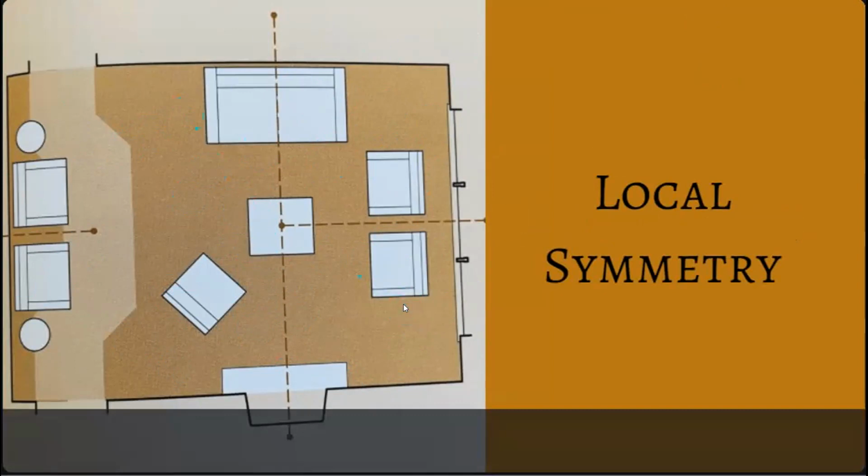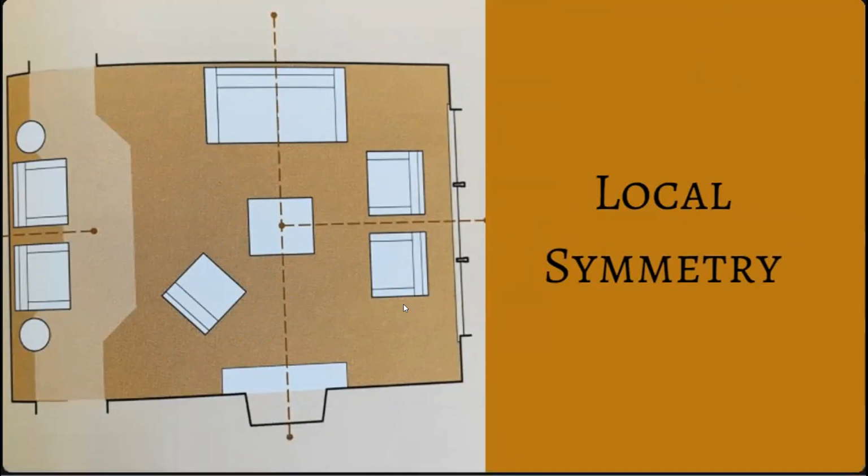So we can use this kind of layout in big rooms, and when we are using local symmetry, the room feels larger. Although we can apply separate sitting only in big rooms, not in small rooms, because in small rooms we don't have that much area to create separate sitting. Still, if you plan, like if you have a room around 20 feet long and 14 feet wide, even then you can plan local symmetry.